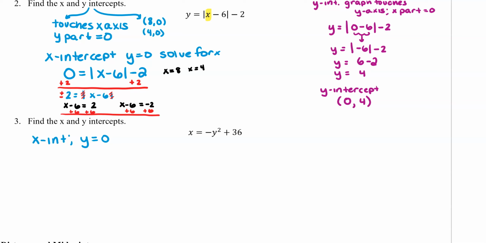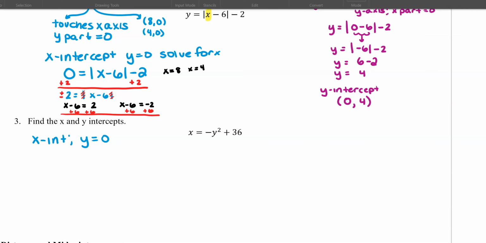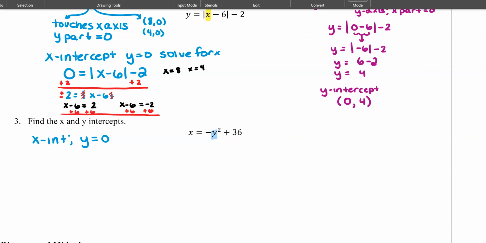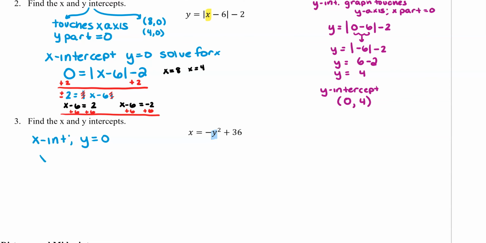So in this equation, I'm going to replace all of my y's with 0. So I have x equals negative 0 squared plus 36. So now 0 squared is 0, so I have negative 0 plus 36.